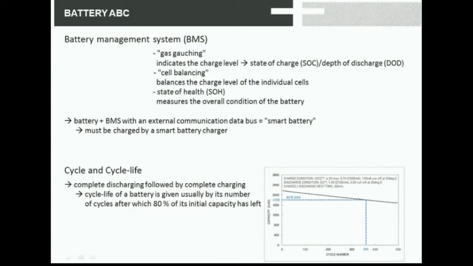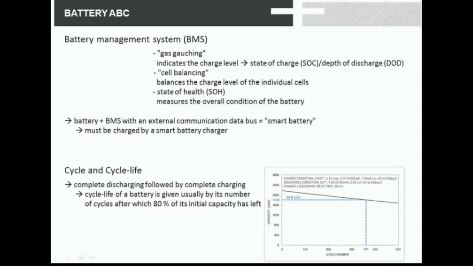It can have features like gas gauging, which is some kind of visualization of the state of charge, or the depth of discharge. It can provide some kind of cell balancing, and in most cases there is an algorithm implemented which calculates the state of health.